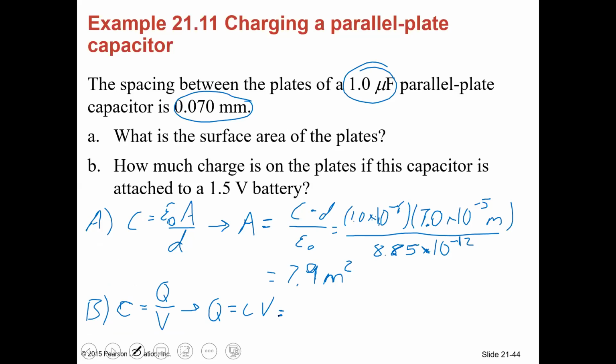We have those numbers: 1.0 microfarads and the voltage is 1.5. So multiply those together, 1.5 times 1, pretty easy, 1.5 microcoulombs.